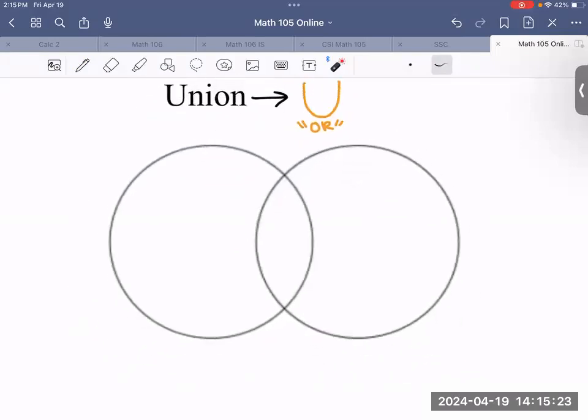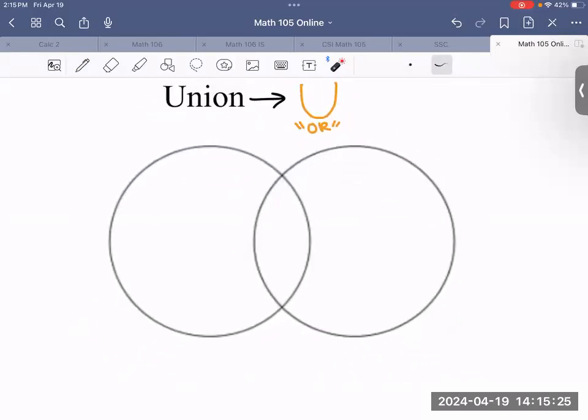Now, the union, standing for or in our terms, says that we're going to take A, so all of A being this one right here. Let me shade that A in.